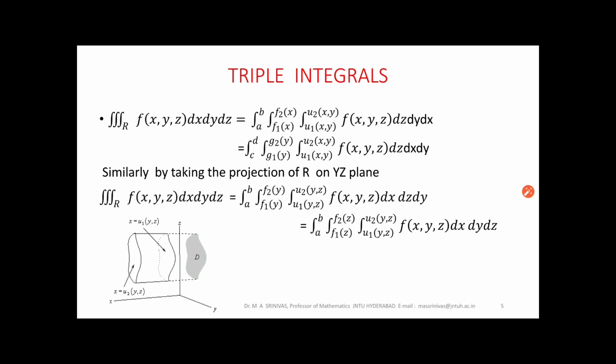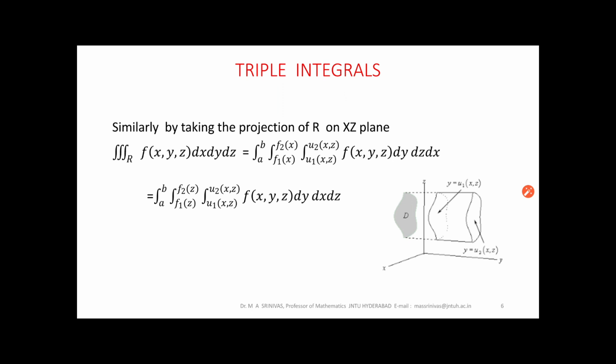In a similar way, we have another case. If the projection of the region R is on the xz plane, then y varies between two surfaces u1 and u2, which are functions of xz, and these two are the limits for x and z, which we will find out according to this D. And u1, u2 are the limits for the variable y.